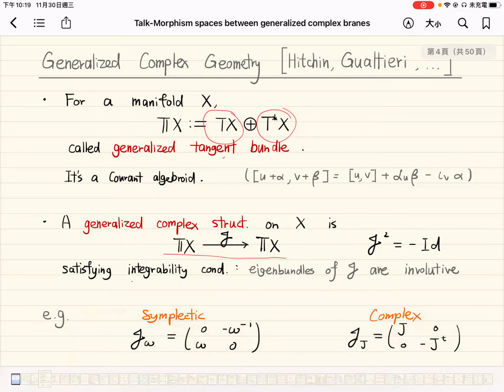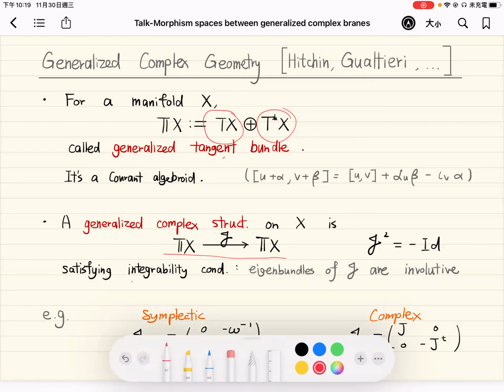There are two typical examples of generalized complex structure. One is the symplectic structure. You can form the anti-diagonal matrix in this way. It's a generalized complex structure. And also, if you have an ordinary complex structure, we can form a diagonal matrix with diagonal entries J and minus J transpose as an example.